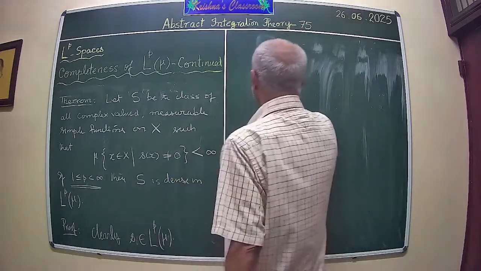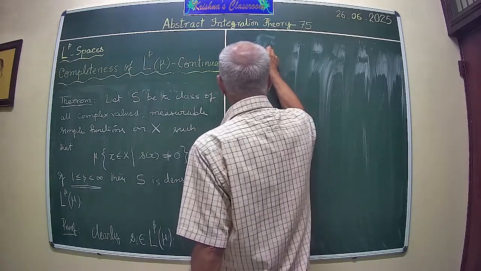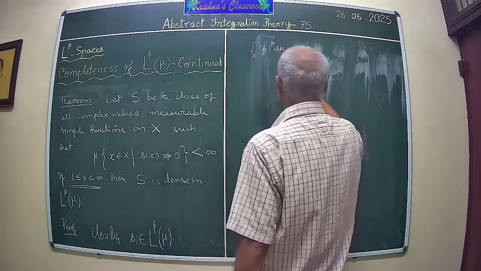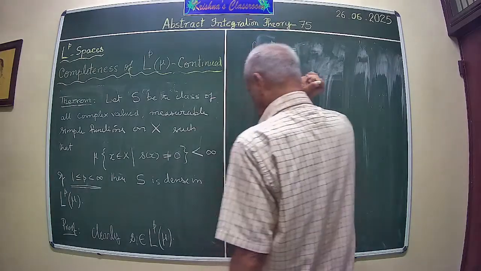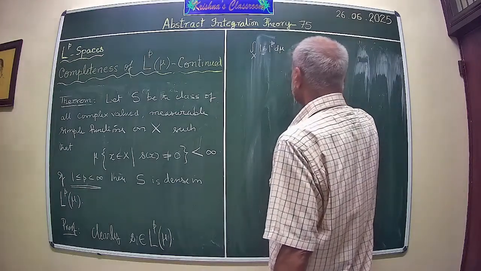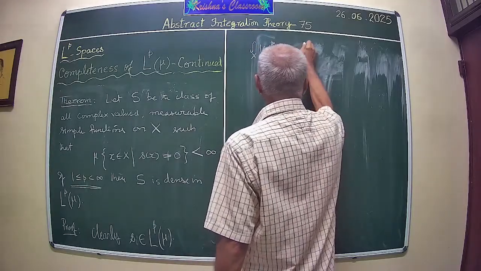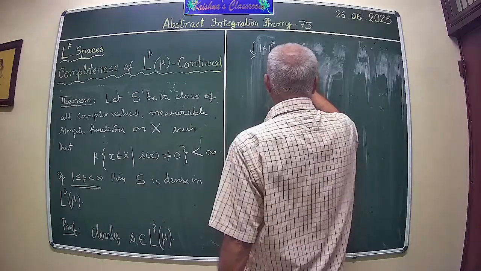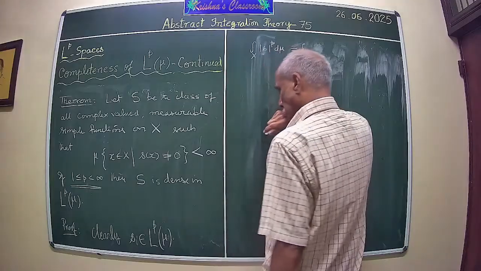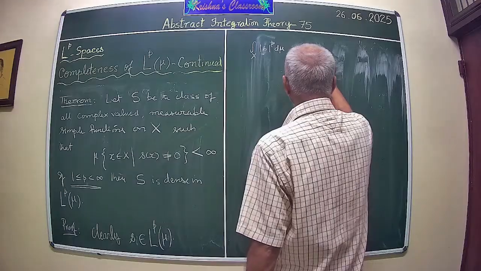Therefore, what you have is this integral of |s|^p d mu, which is equal to the integral over the set on which s is not equal to 0 plus the integral over the set on which s is equal to 0.